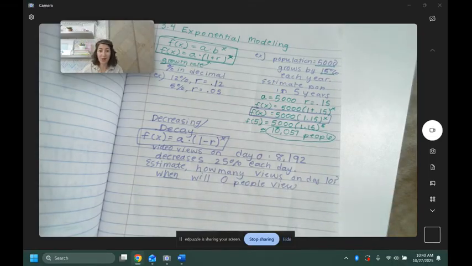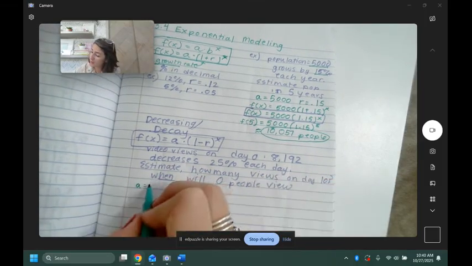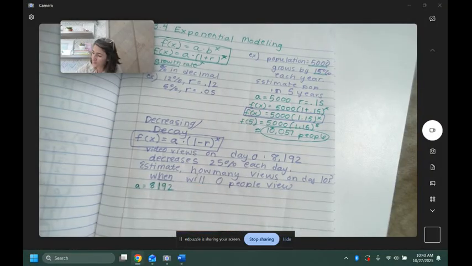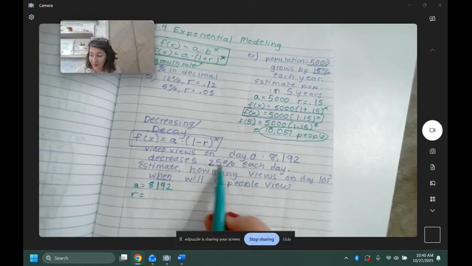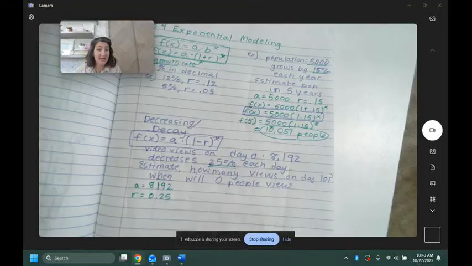All right, so let's write our equation. So a is equal to my initial 8,192. Your rate, remember, not 25%, but 0.25, write it as a decimal.